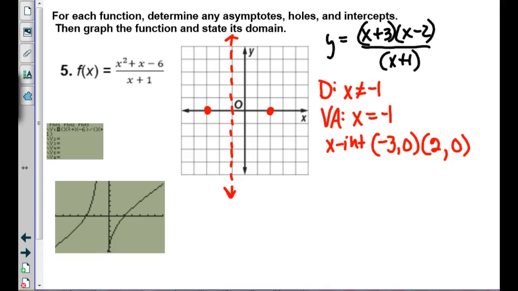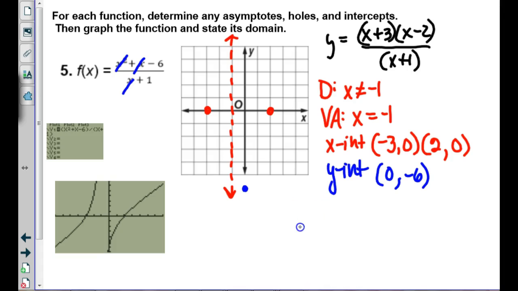Then we have y-intercept, where x was put in as 0. I always go back to the original one for this. This is 0, this is 0, this is 0. What's left? Yep, right off the bottom of the graph paper. Lovely.